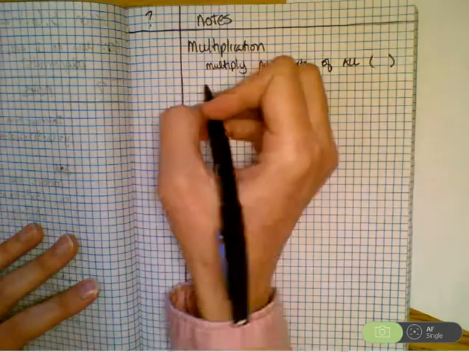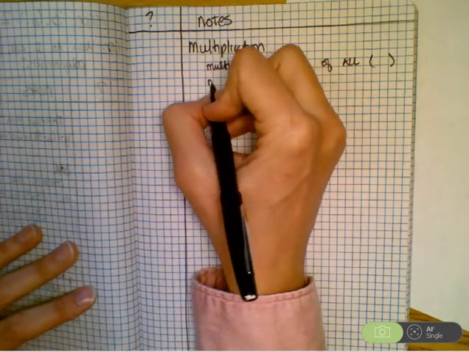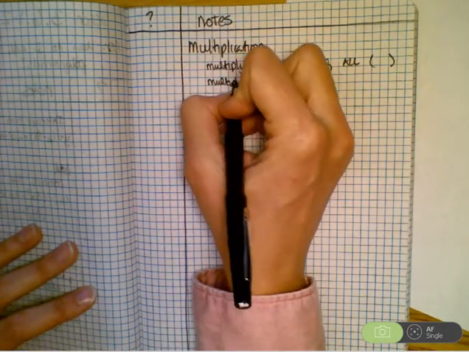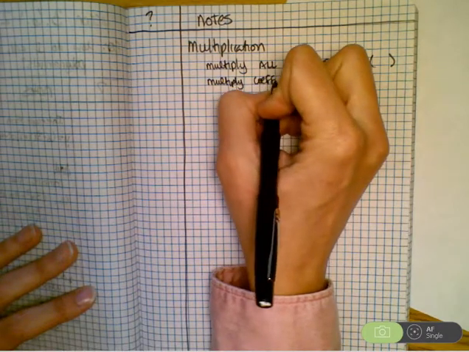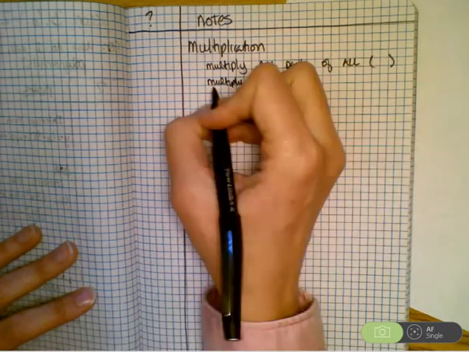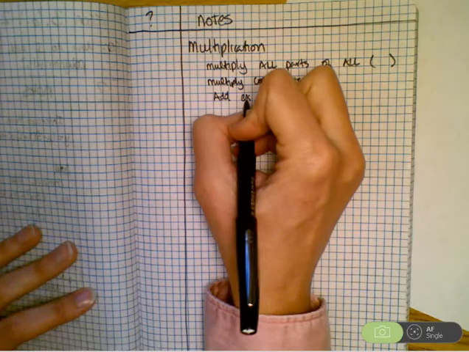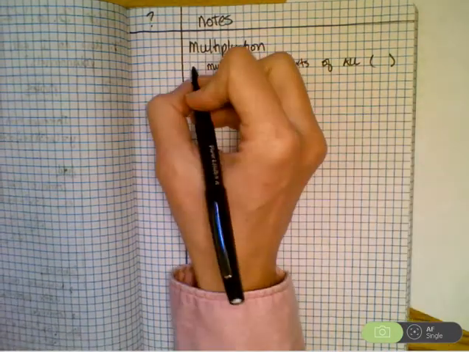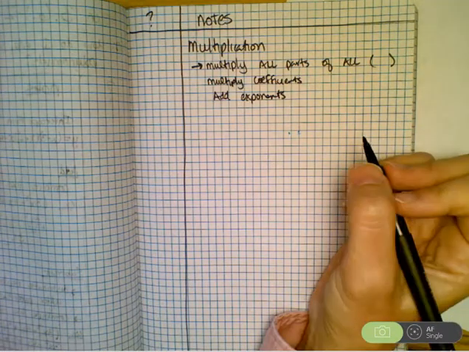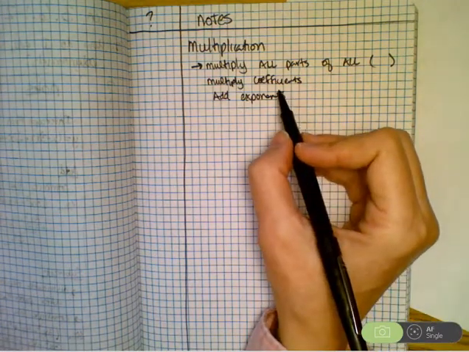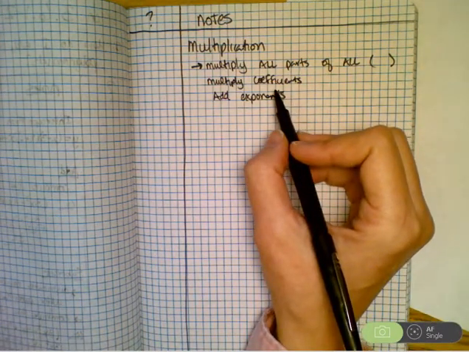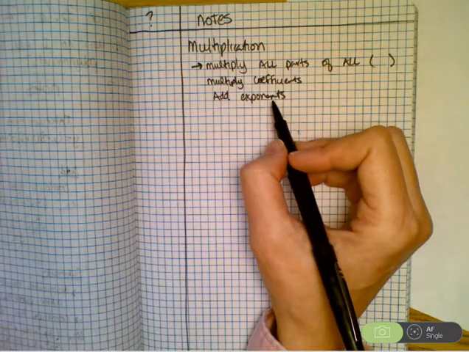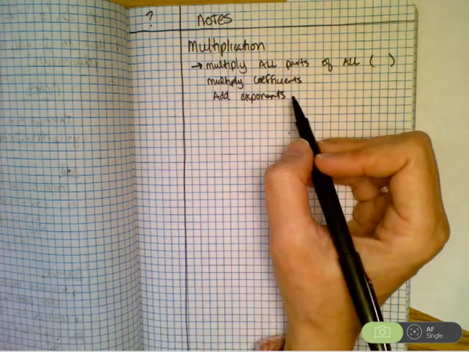And when you multiply, the thing to remember is that you always multiply coefficients and you add exponents. So big idea: multiply all parts of all parentheses, which means the coefficients, the numbers in front, get multiplied together, and the exponents get added. I think you'll remember that as you start to see them.